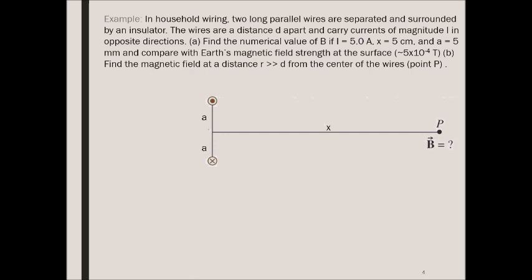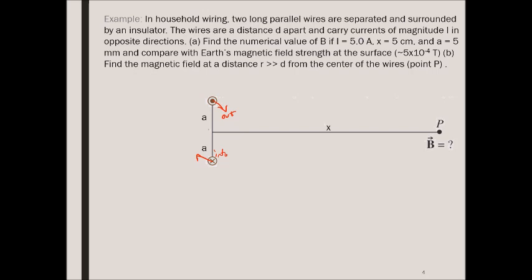So again, a dot means we're coming out of the page, and an X means we're going into the page. And so this is basically the wire in your house, where you have one conductor that's conducting electricity one way, another conductor that's conducting electricity in the other direction.